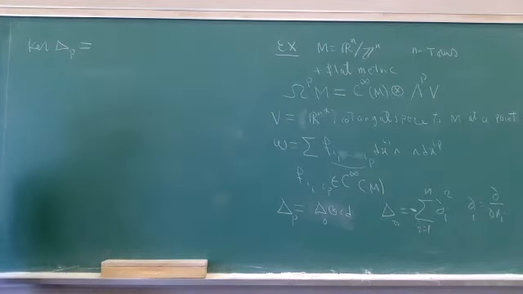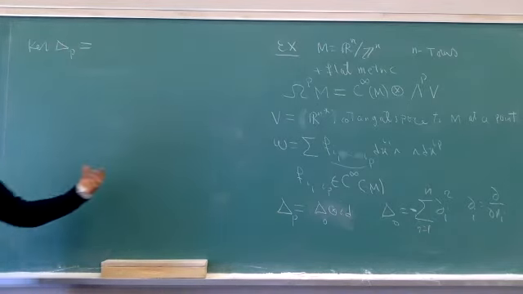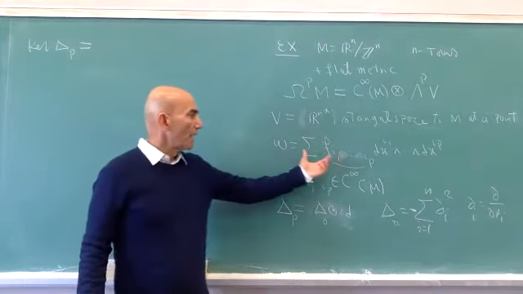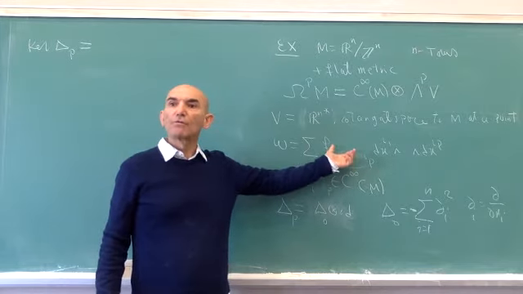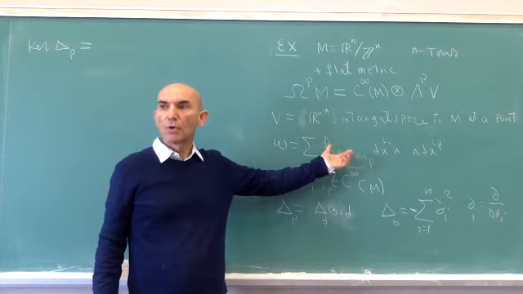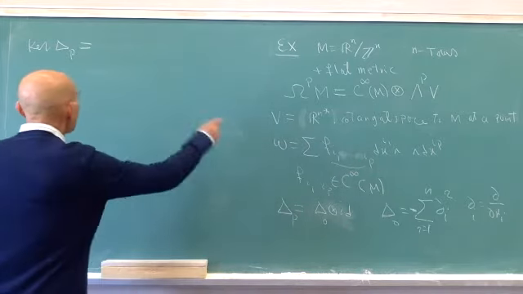If you have such a form and you want it to be killed by your p-Laplacian, then each of these coefficients has to be zero under the Laplacian.